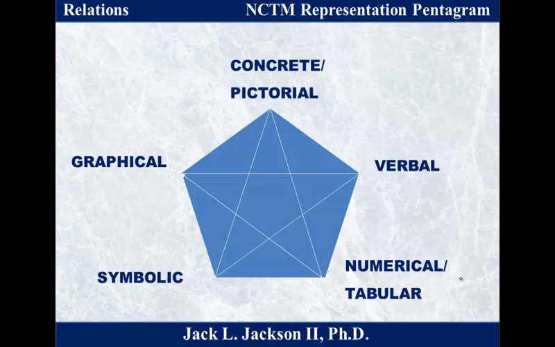And the idea is that all five of these things, then, can be applied to real-world situations. And the other thing is, if you notice with the lines, we have lines going from each of these to each of the others. And so that indicates that these relationships are all connected, that we're representing the ideas in many different ways.